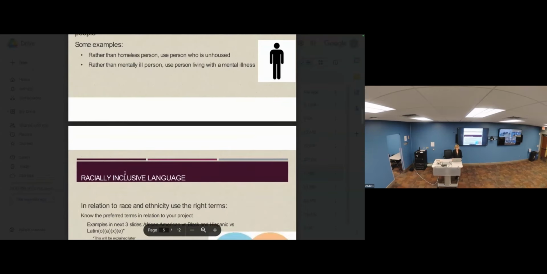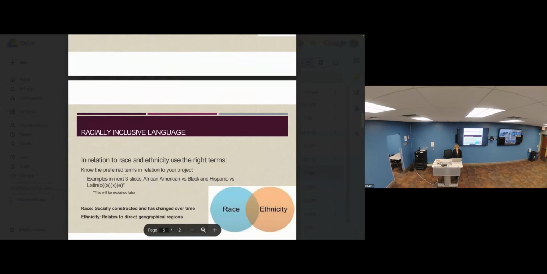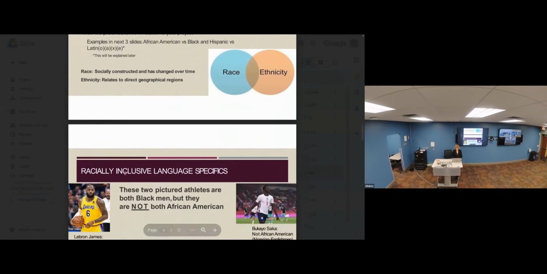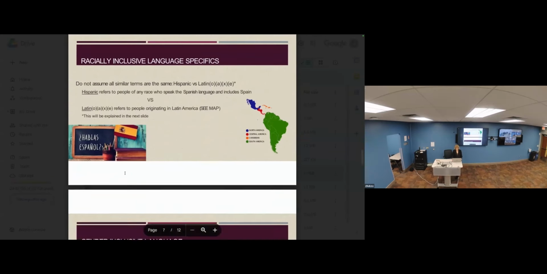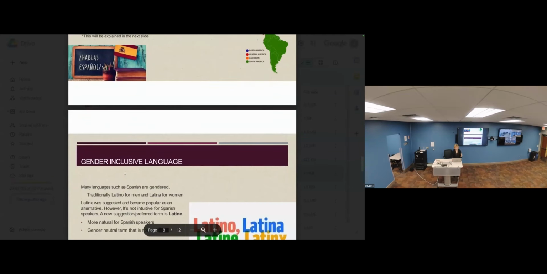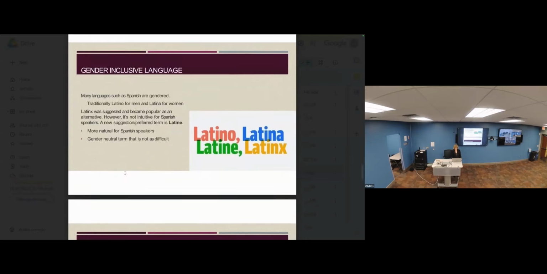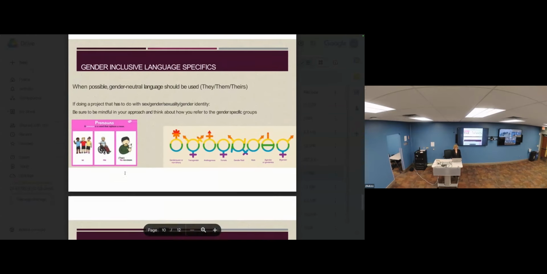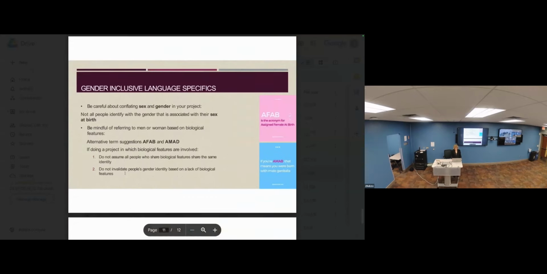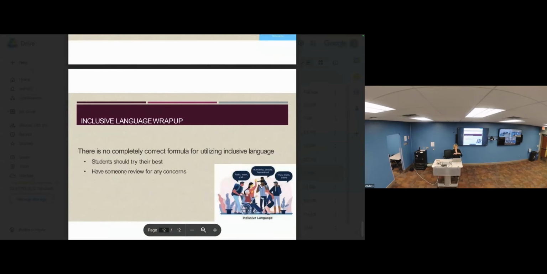Issues that we talked about. Use racially inclusive language. And he has several examples of this. Gender inclusive language. And again, several examples of this. And then kind of a wrap up on that.